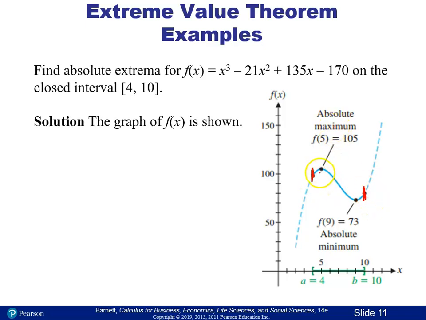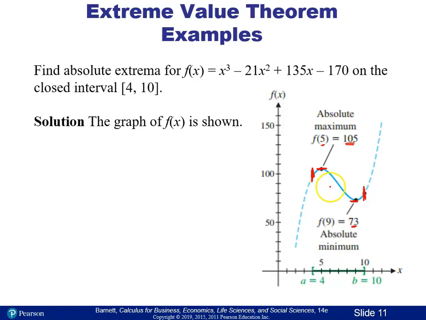Our highest value is actually here and our lowest value is here. Our highest value is at x equals 5, and it reaches a value of 105. And the lowest, our absolute minimum, is at x equals 9, and it comes down as low as 73. So those happen not to be at the endpoints. You can't just assume your absolute maximums and minimums are going to be at the endpoints.